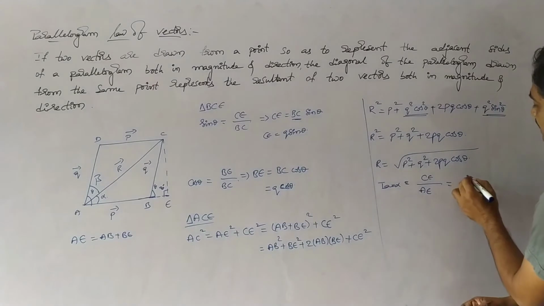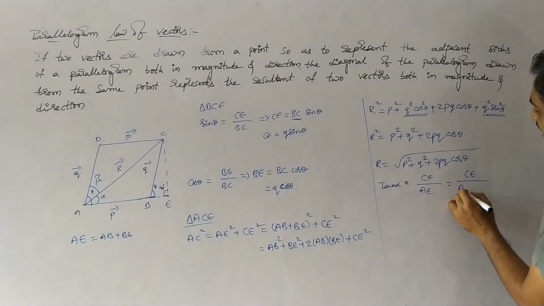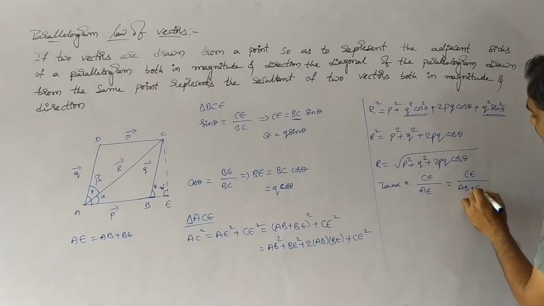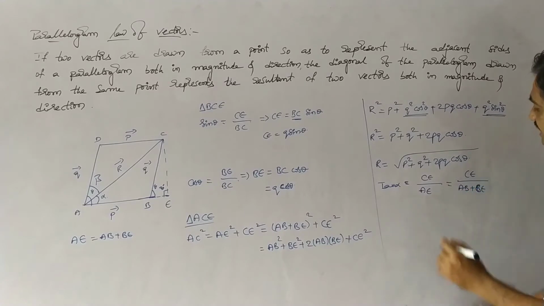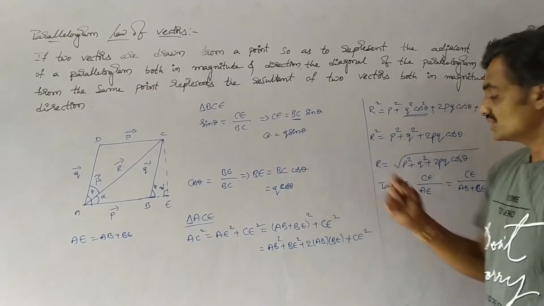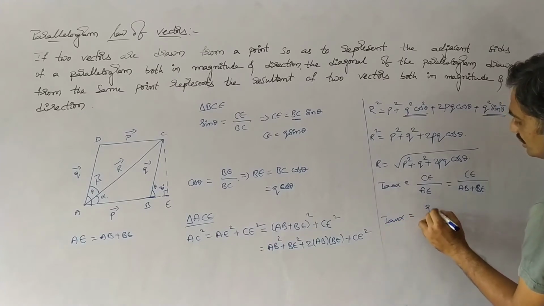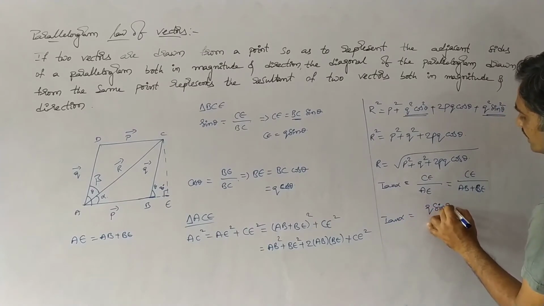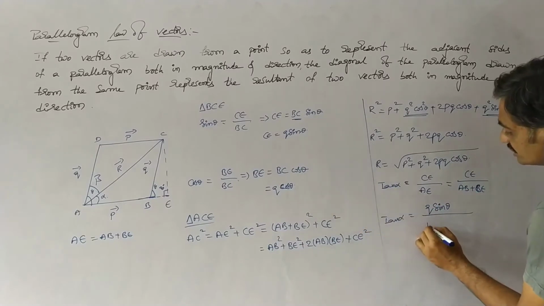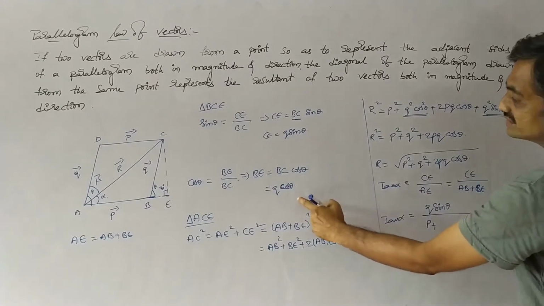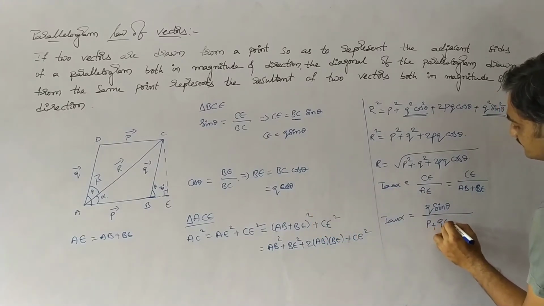CE equals Q sin theta, so tan alpha equals Q sin theta by P plus Q cos theta, since AB is the magnitude P and BE is Q cos theta.